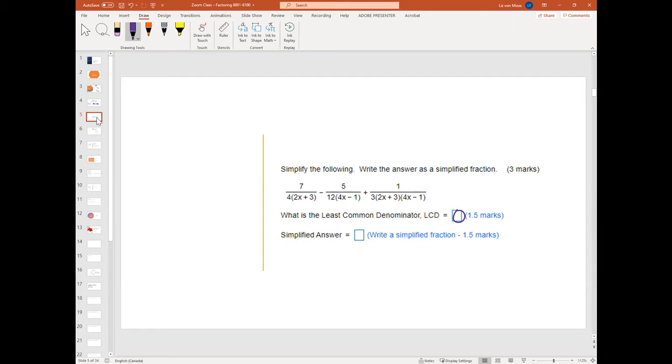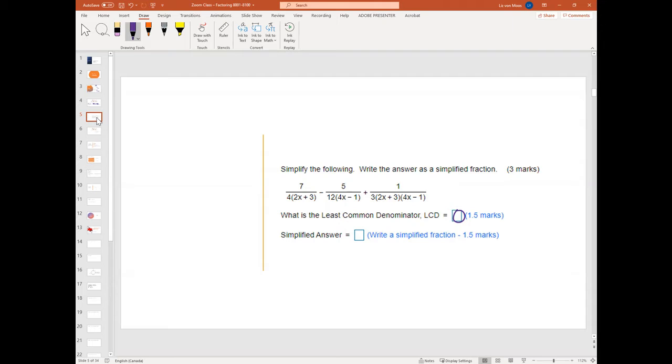What is that denominator? Well, the smallest value that still contains all of those factors, which means that we have to know what the factors are. Right? We have to find the least common denominator. We looked at the factors of the denominators.